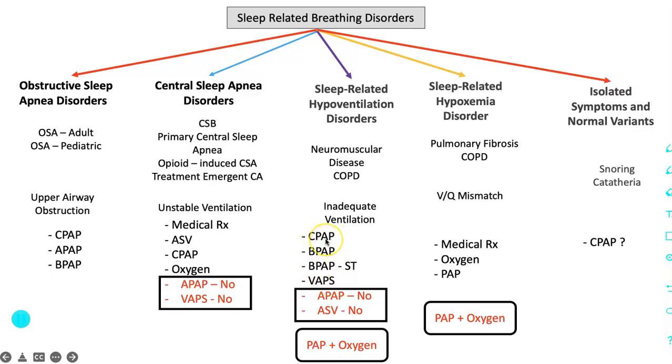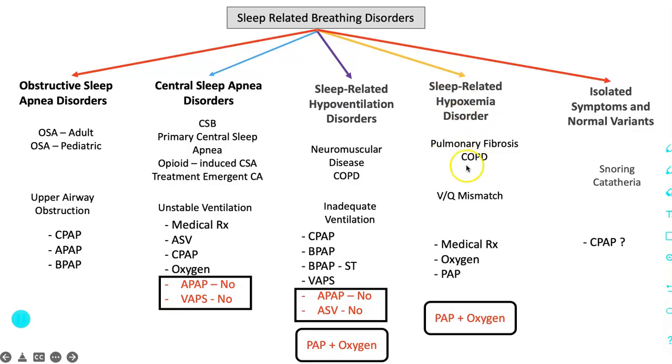CPAP can be used for the treatment of obesity hypoventilation, and the rest of the conditions need any of the ventilating devices. Here again, APAP is not indicated and ASV is not indicated. ASV will worsen the hypoventilation and will create more harm than benefit. Most of the time, hypoventilation disorders may need oxygen along with the PAP.